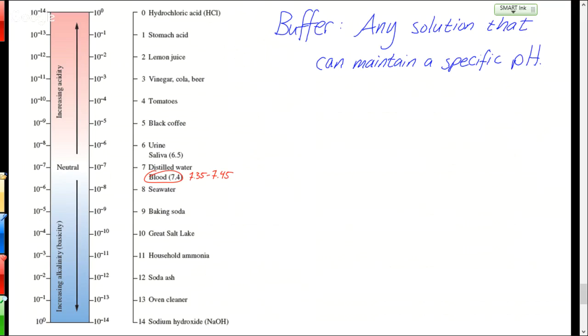So one misconception with buffers is that they're always neutral, and that's not true. You can make a buffer at any pH you want. But the point of a buffer is when you add more acid or base to it, it keeps its pH. It stays at that specific pH. So let's see if they have the example in here.